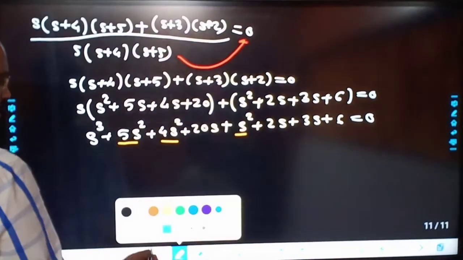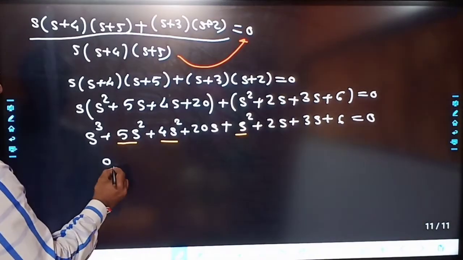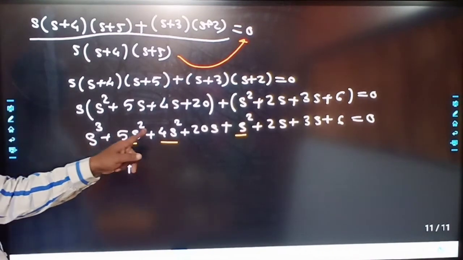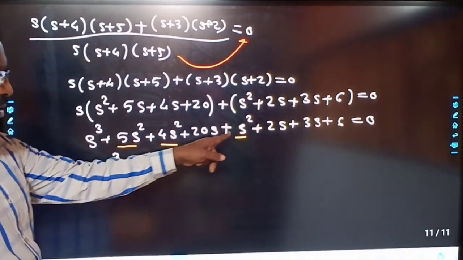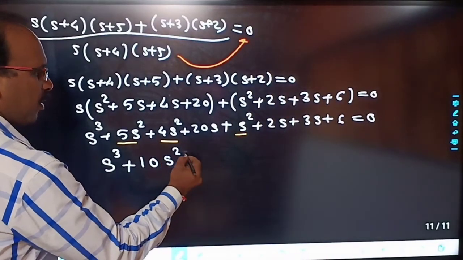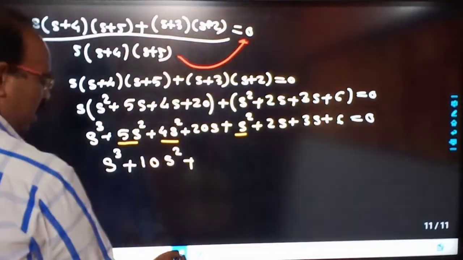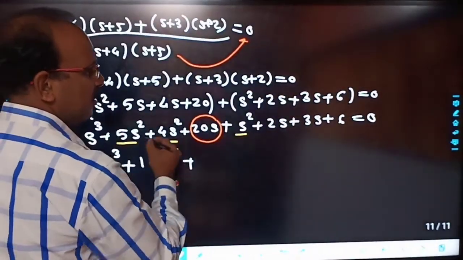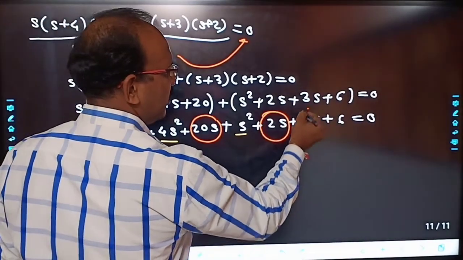So here I write S cube plus 5S square, 4S square, 9S square, plus 1S square, that is 10S square, plus how many S? 20S, 2S, 3S.